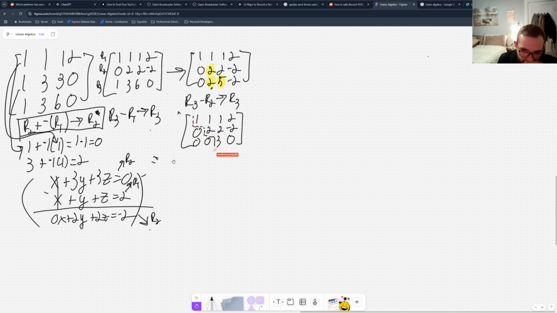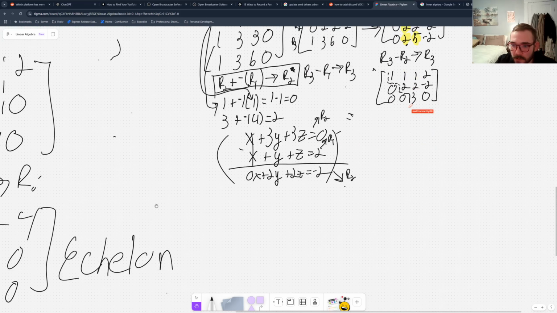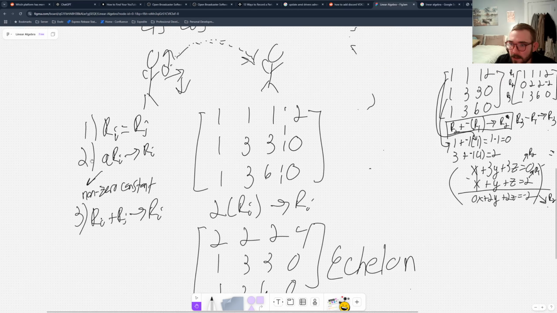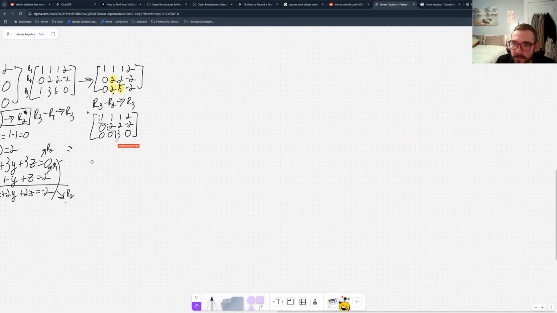We have the zigzaggy staircase, but we need to get it reduced so that there's only a 1 in that slot. So we can go back to our equations. I told you that we can multiply or divide the entire row by any constant that's not 0.